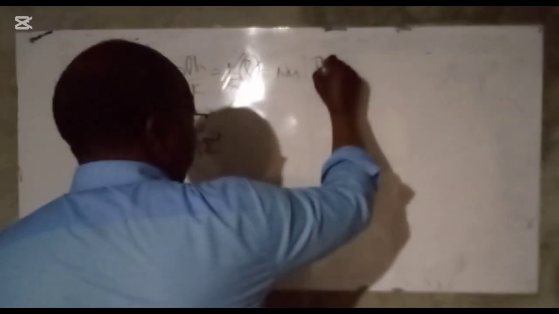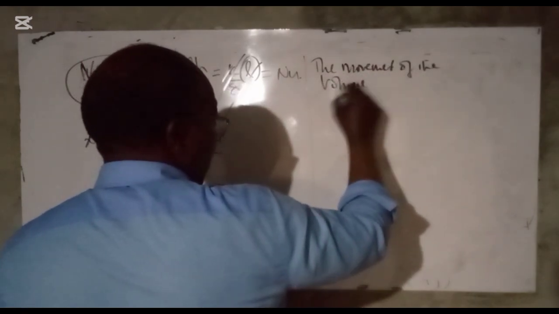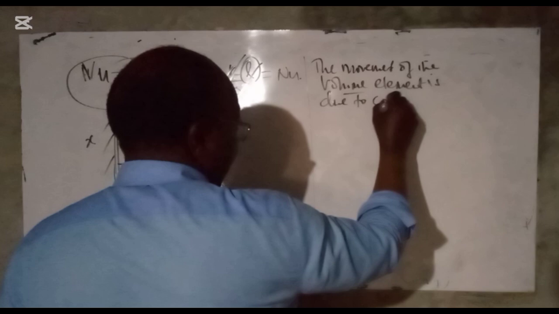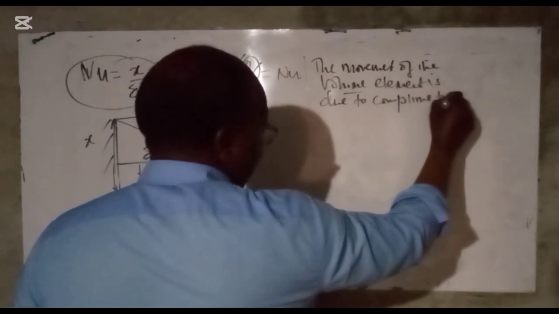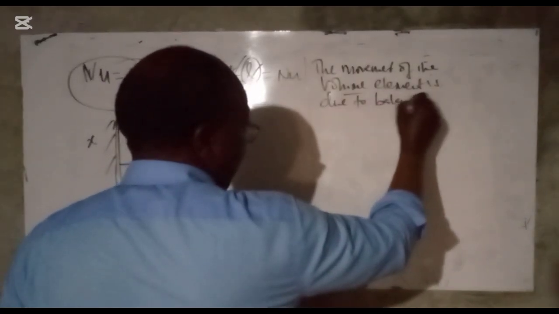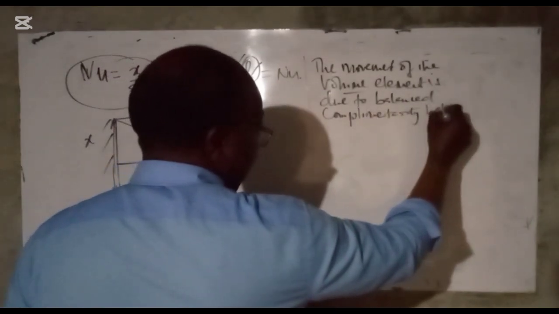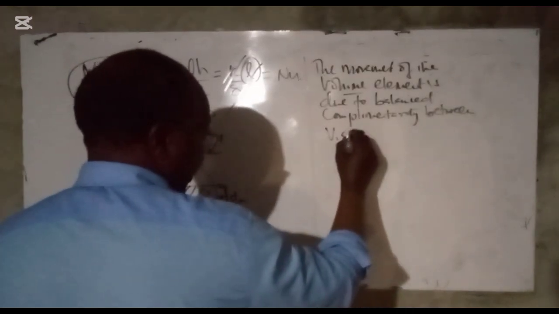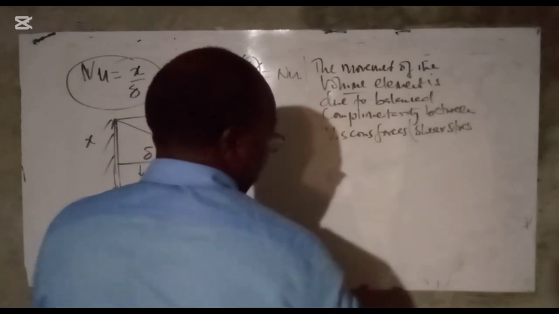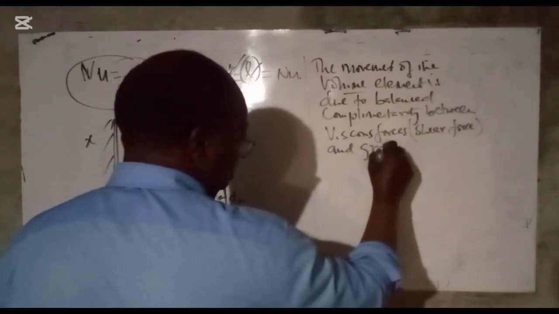So let's say that the movement of the volume element is due to the balanced complementarity between viscous forces, in this case we are talking about shear stress, shear force, better term, and gravitational force.